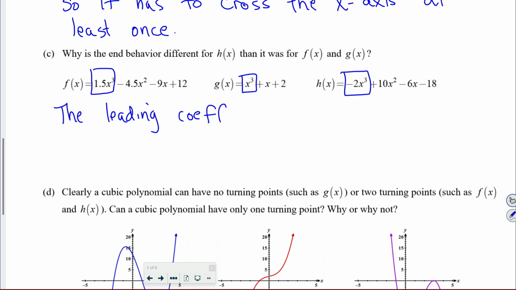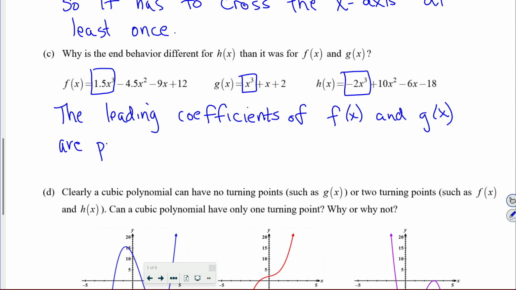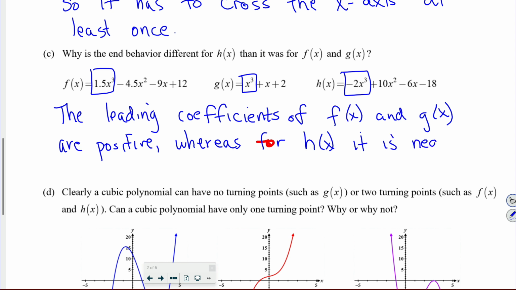So the leading coefficient, which is why that's an important term, by the way: the leading coefficients of f of x and g of x are positive, whereas for h of x, it is negative.